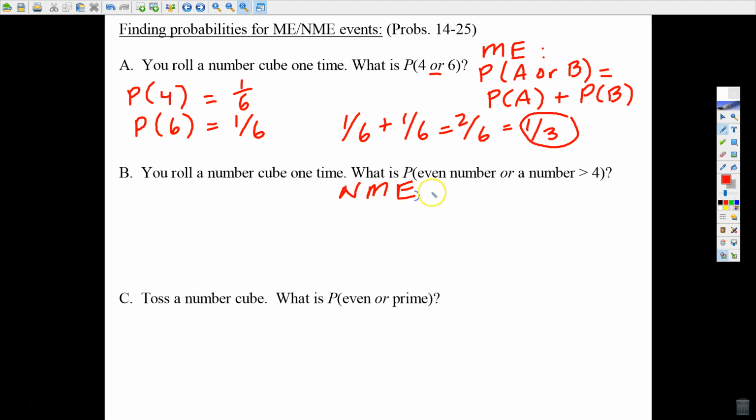And the way we calculate probability for not mutually exclusive is very similar. In fact, it starts off looking exactly the same. We do the probability of A. We add the probability of B. But then it gets different.